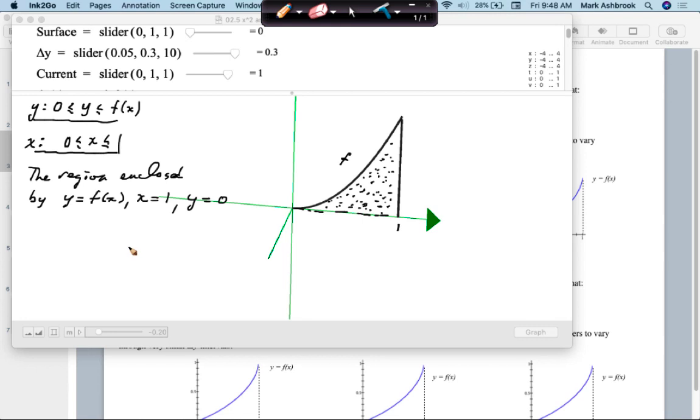Okay, very good. So now let's look at the sheet. So what we're going to do now is we're going to take this region, and specifically the perimeter of that region, and we're going to rotate it about the y-axis first. And in that first graph, upper left, we're going to try to sketch the shell that we're going to get when we do that. So we're going to take the perimeter, rotate it around the y-axis.